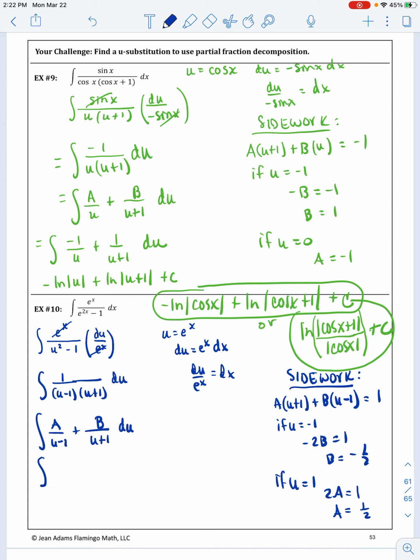So this becomes 1/2 over u minus 1 du plus negative 1/2 over u plus 1 du. So of course pull that 1/2 out front.